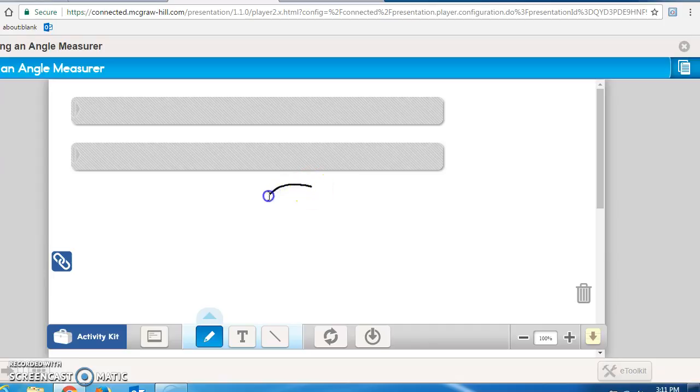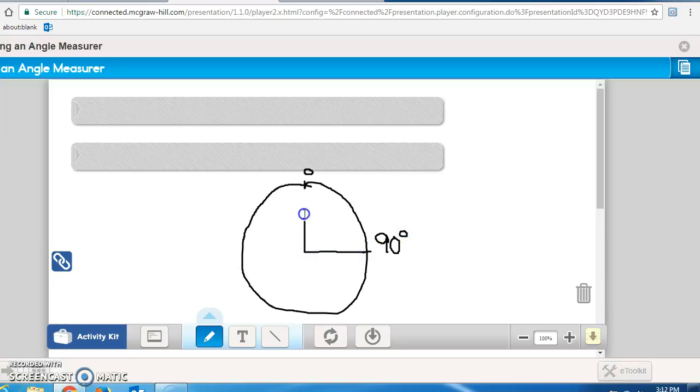It's going to be in the shape of a circle. And at the top of the circle, it is 0 degrees. And at the side, it is 90. And halfway in between, so remember my right angle, halfway in between would be 45.